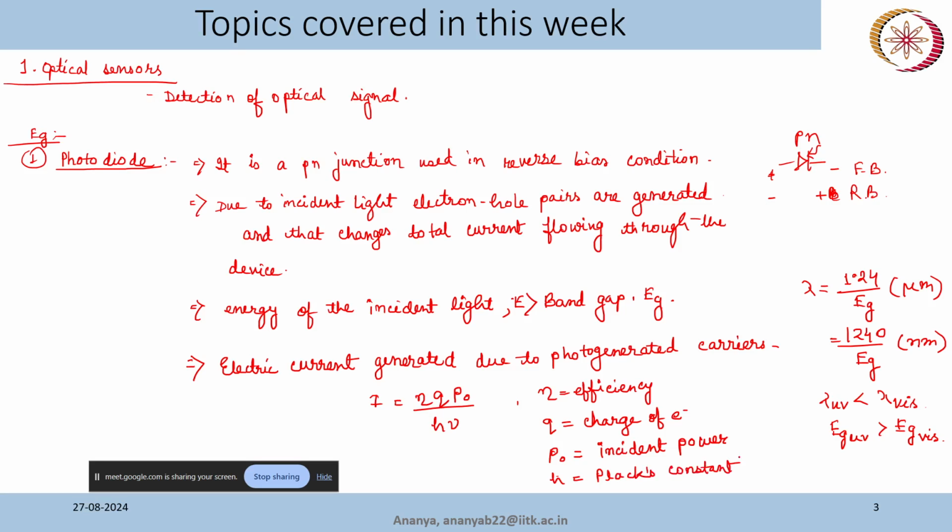What is the value of Planck's constant? 6.62 into 10 to the power minus 34 joule second. So you should remember these common constant values as well as their units. And nu is frequency.